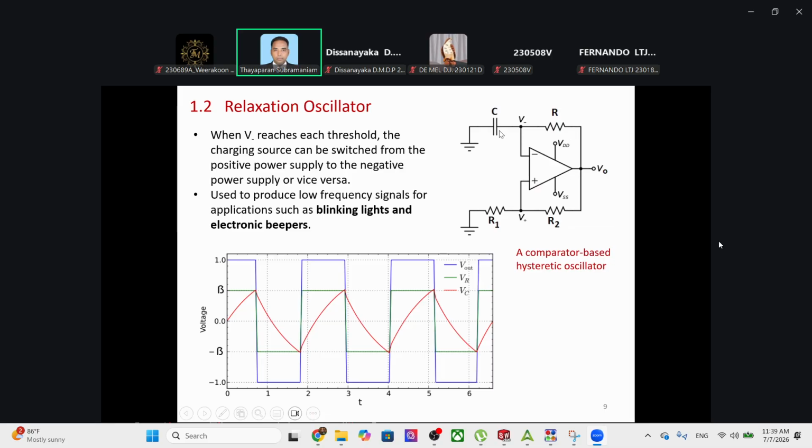However, the charging and discharging voltage is not V out, but V out minus VD. The current is flowing through this. The voltage across the capacitor and resistor is V out minus VD.